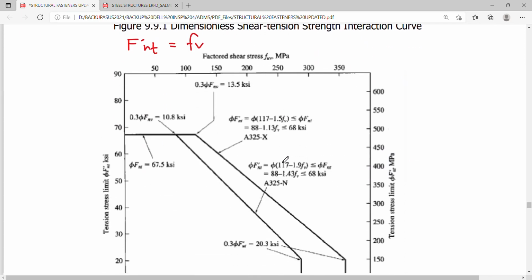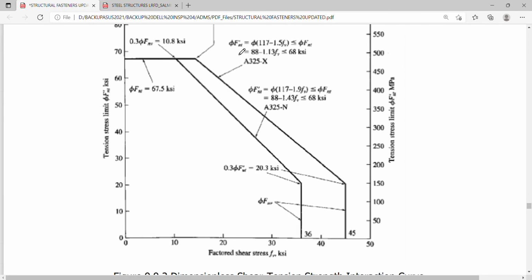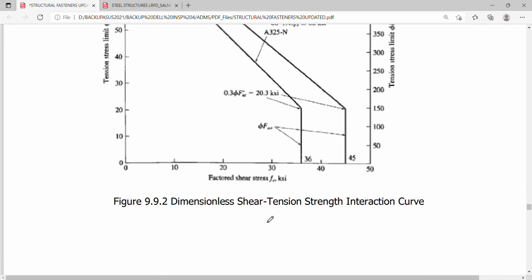Rather, this is now a simple linear equation in the form y is equal to a slope added to an intercept. So this is now your equation for A325 excluded, and this A325 included. This is just a sample shear tension strength interaction equation.